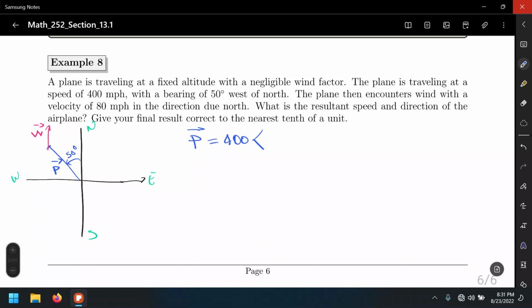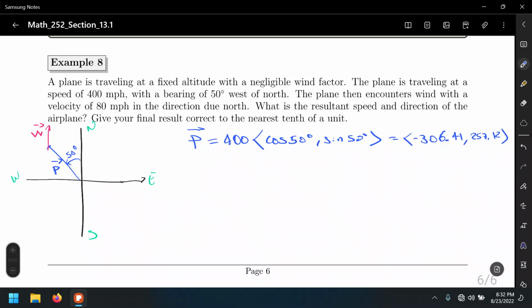In this case, because it's going in a direction diagonal with respect to the north, that's cosine 50 degrees, sine 50 degrees. And in this case, negative 306.41, comma 257.12. Okay.